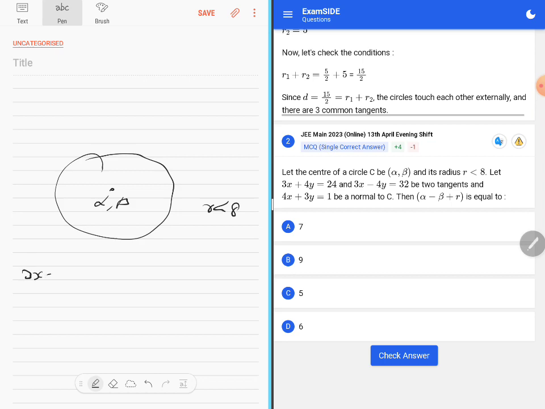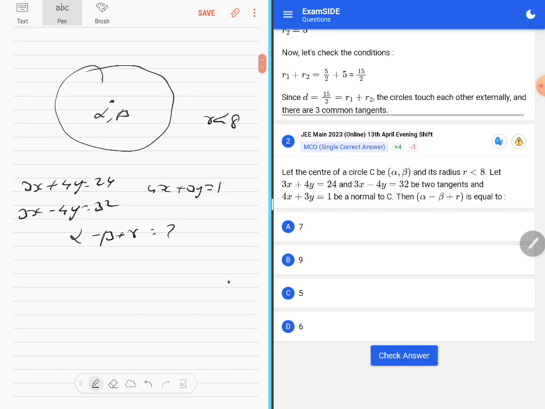So you have one tangent which is 3x plus 4y is equal to 24, another tangent which is 3x minus 4y is equal to 32, and 4x plus 3y is equal to 1 be the normal at C. So the normal is, every radius will act as a normal, as you know. The normal's line itself is 4x plus 3y is equal to 1. They have given it like that. Then you have to find what is alpha minus beta plus r.